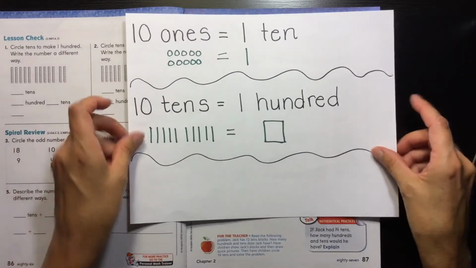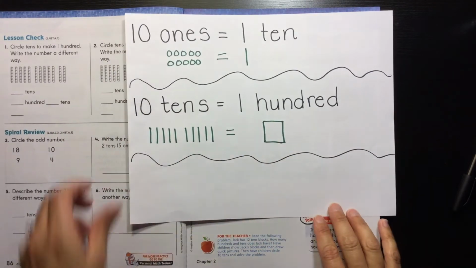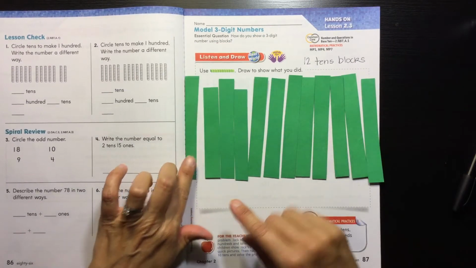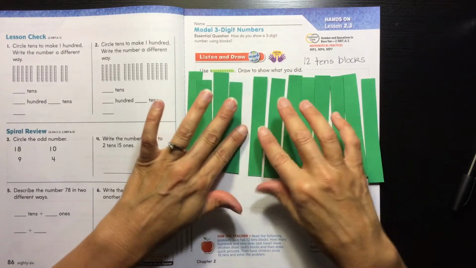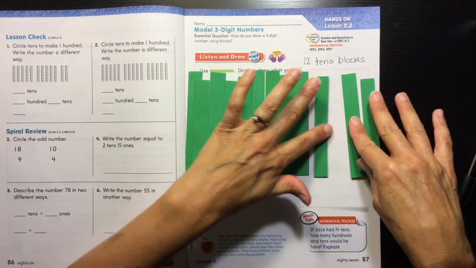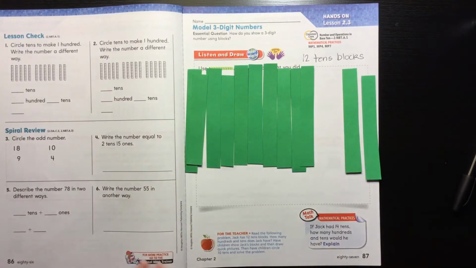So if you remember, we know that we need 10 tens to equal 100. So if we look at our blocks and we count off 10 tens, 2, 3, 4, 5, 6, 7, 8, 9, 10, we know that those 10 tens are going to make 100.